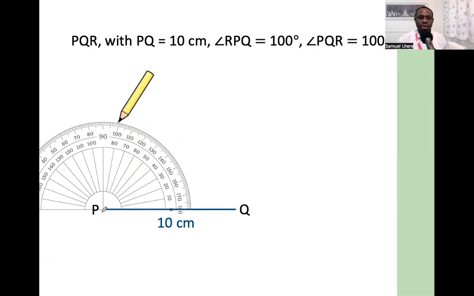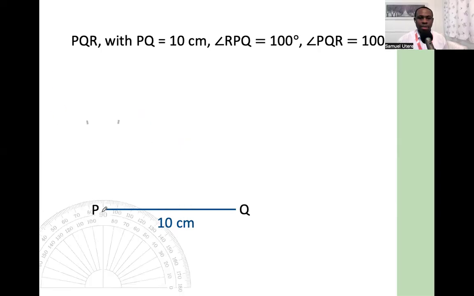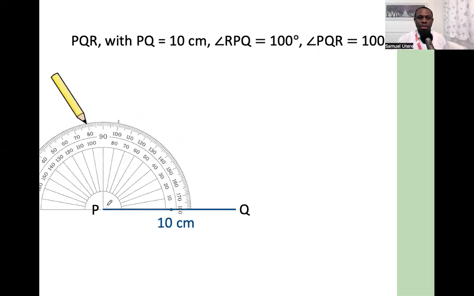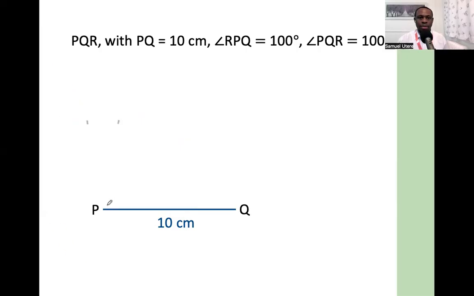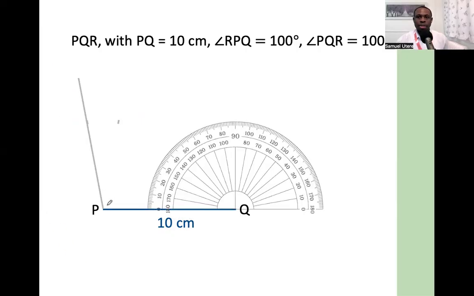We mark 100 and we draw a line. Okay. Now, notice that this 100 is not correct because we were using the inside scale. So that is the correct mark that you see there right now. You draw your line. Next, you measure. Remember, PQR is said to be 100 degrees.